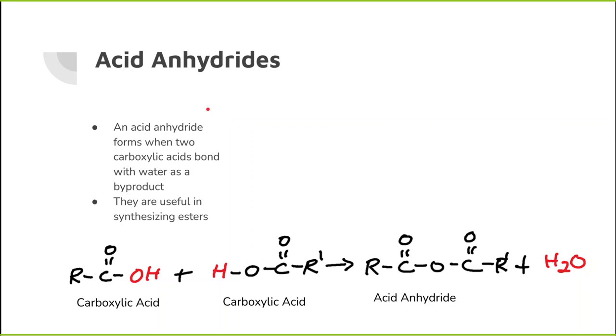Acid anhydrides is when you pull water out of 2 carboxylic acids, and then the remaining parts combine. And this is an acid anhydride. So we have RCOOCOR. And these are often used to synthesize esters.